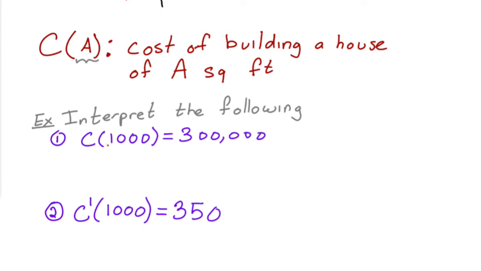So let's say I want to interpret the following. We have these two situations. Notice this is c of 1,000 and this is c prime of 1,000.